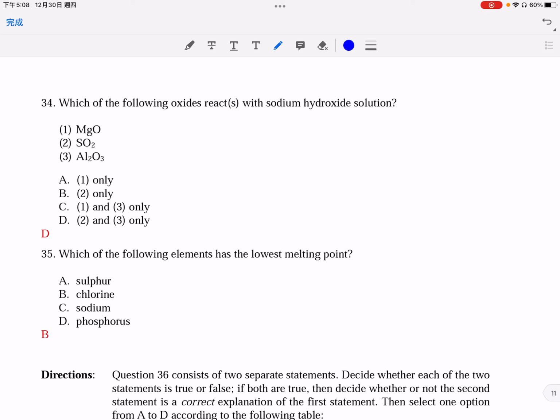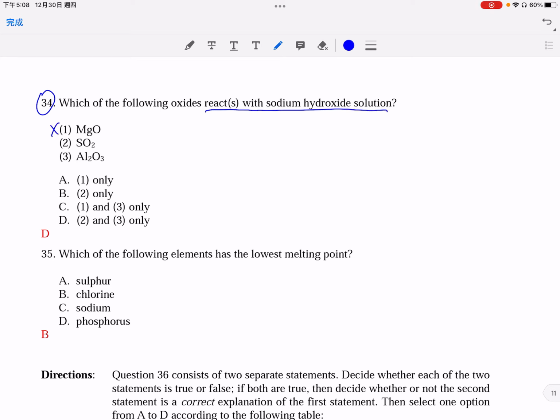Question number 34. React with sodium hydroxide solution. First of all, option 1, magnesium oxide, is incorrect because it is a basic oxide. Option 2, sulfur dioxide, is correct because it is an acidic oxide.